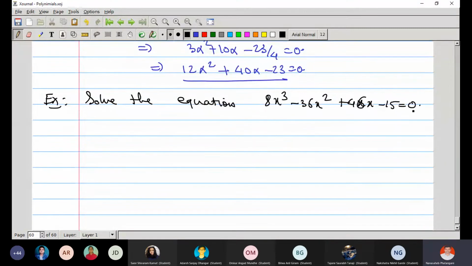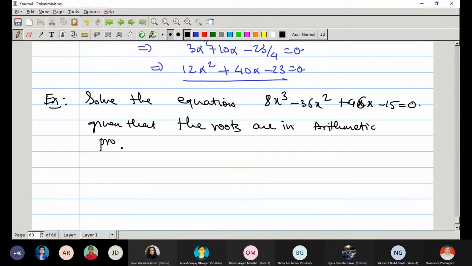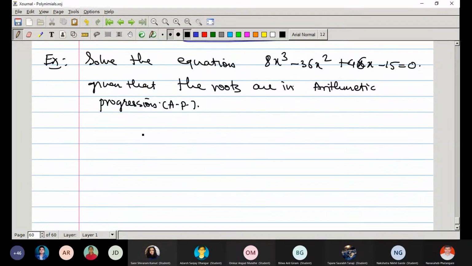So given that the roots are in arithmetic progression, you know what is arithmetic progression? So what is the given polynomial?